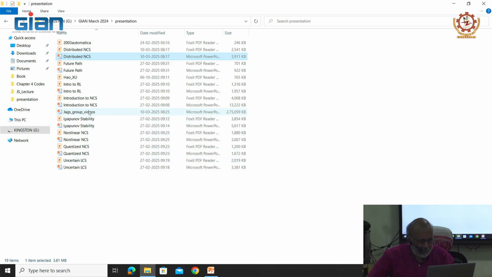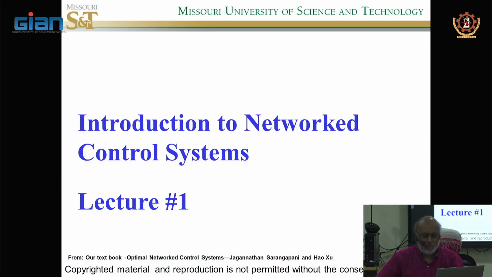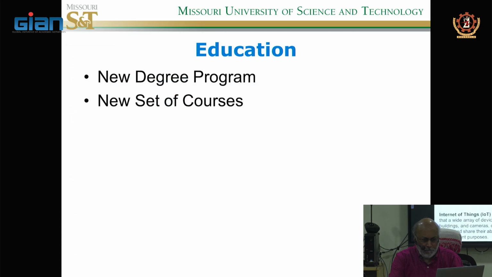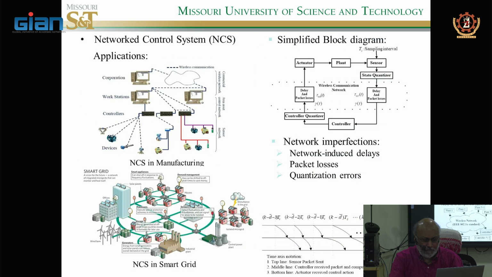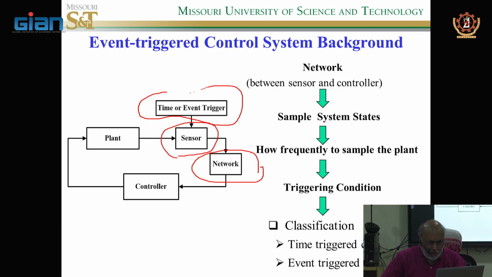Now, if you remember, intro to NCS. Do you remember this intro to NCS? This is event triggering background. So you can see here, you have the network, you have a sensor that's willing to transmit, but then there is a switch which is decided by either time-based or event-based.